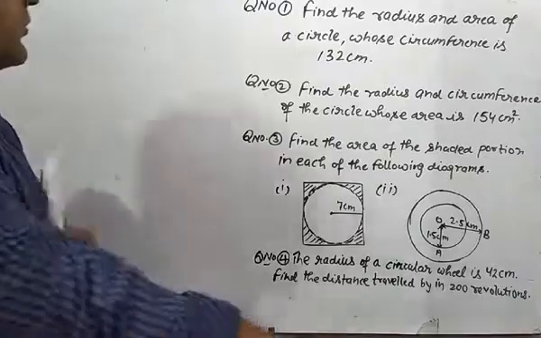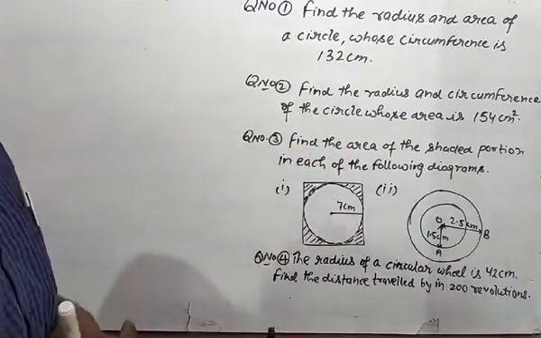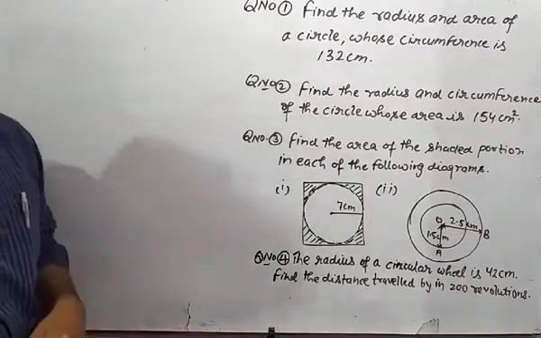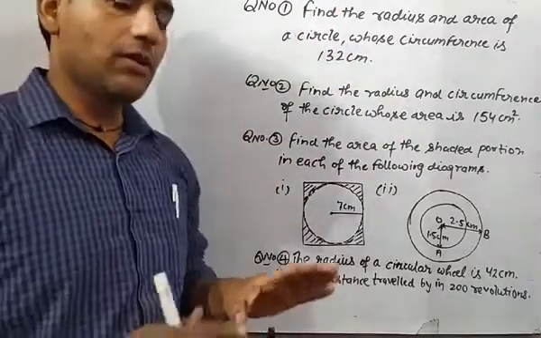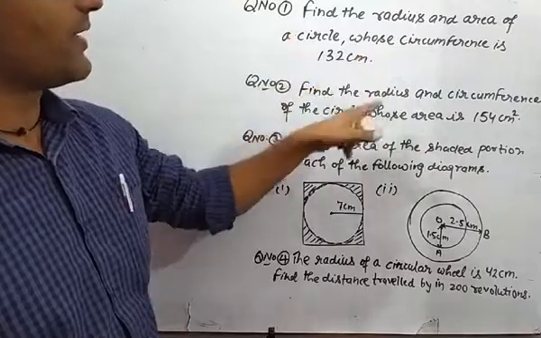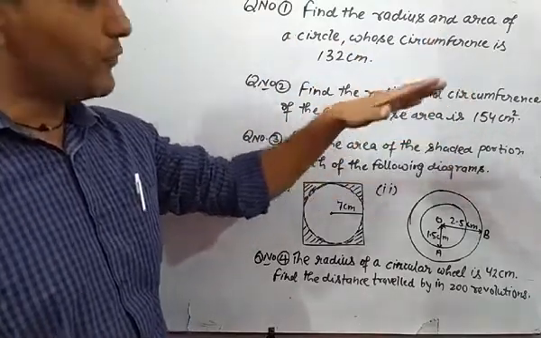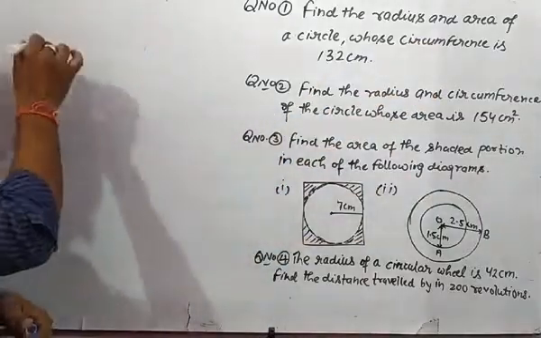So the first question I have written here is, find the radius and area of a circle whose circumference is given, 132. The first and the second question are almost the same. The only difference is that here I have given the circumference, and in the second question I have given the area of the circle. Before I solve these questions, I would like to tell you the formulas.